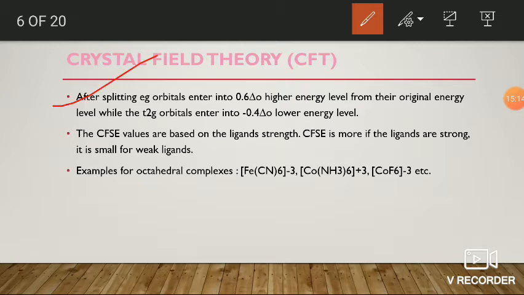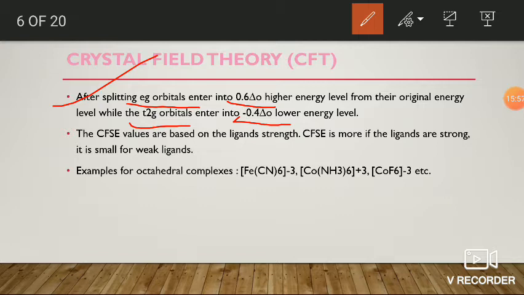Here, after splitting of the 3d orbitals into the T2g set and EG set, the EG set orbitals, that is dx square minus y square and dz square orbitals, generally enter into 0.6 delta O higher energy level from the bare energy level or the original energy level, while the T2g set orbitals, that is 3d orbitals dxy, dyz, dzx, generally enter into minus 0.4 delta O lower energy level from the bare energy level.